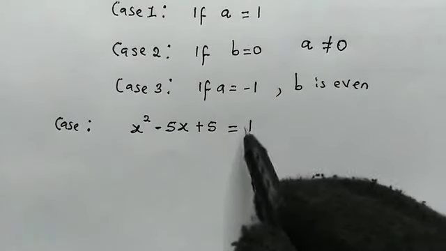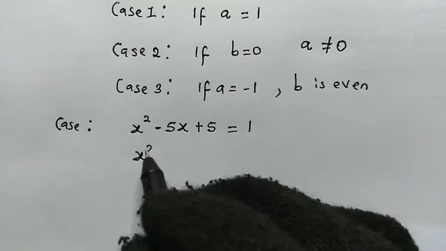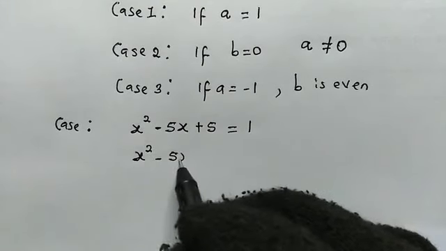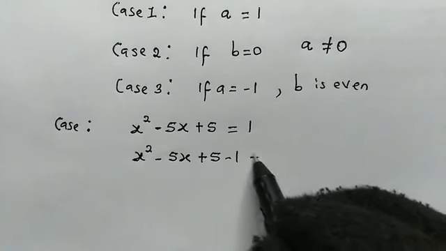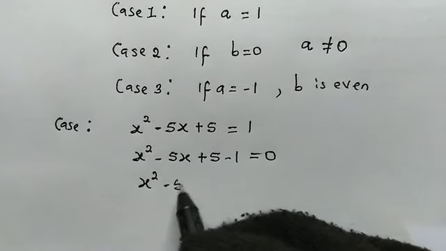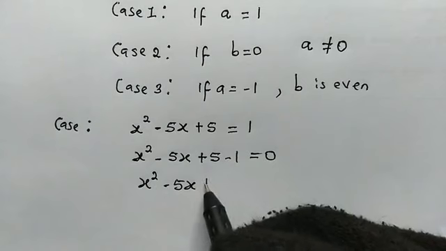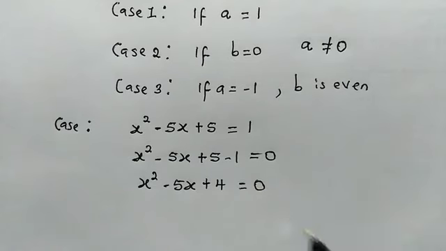Now, let's move this term to the left and it will become negative. So we have x squared minus 5x plus 5 minus 1 equals 0. So here we have x squared minus 5x plus 4 equals 0.